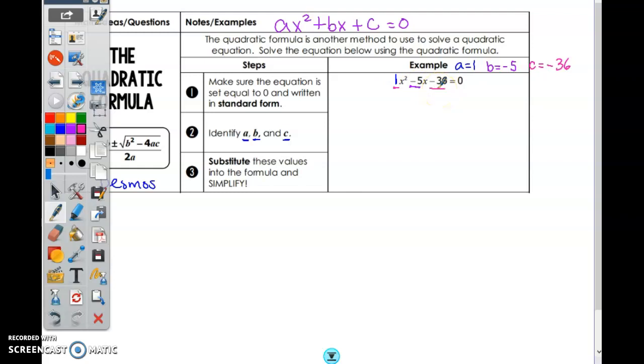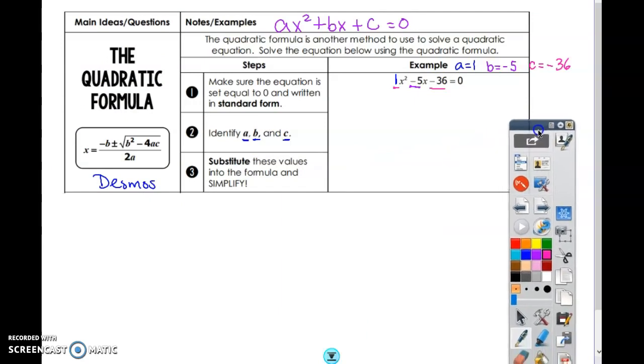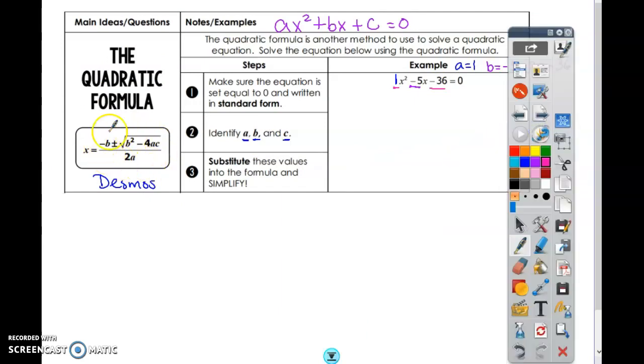Once you have that, then you can use the formula. You can use this formula to plug in the B's right there, the A's right there, and the C right there. So we're going to write it down one time. It's going to be x equals negative b plus or minus square root of, I'm copying this, okay, b squared minus 4ac all over 2a.